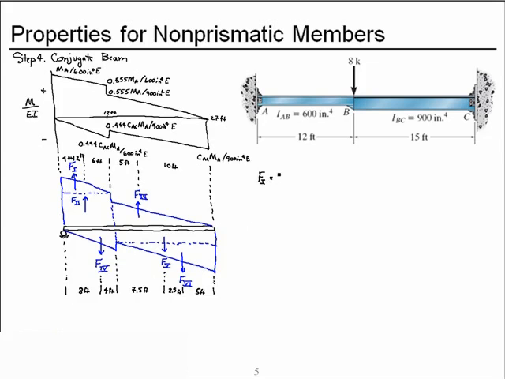Force 1 is triangular, and so it's 1/2 times, and we need this height, so it's this quantity minus that quantity, MA over the 600 inches to the 4th E minus 0.555 MA over 600 inches to the 4th E. That's the height of our triangular region, and the width of our triangular region, 12 feet, and that gives me 2.67 feet times MA over the 600 inches to the 4th E.